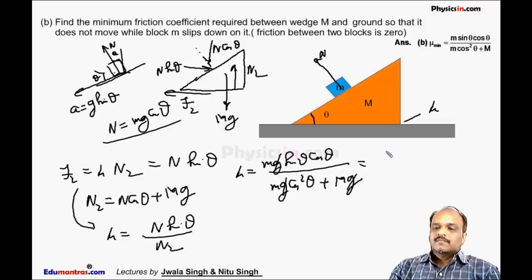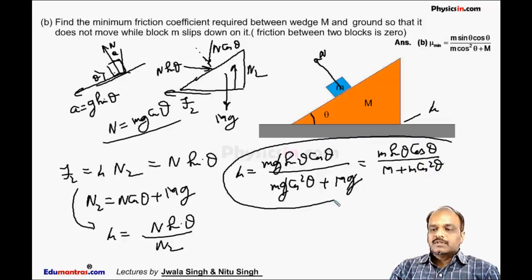We get m sin theta into cos theta divided by capital M plus small m cos square theta. This is the minimum coefficient of friction needed such that this wedge will remain stationary. So this is the answer.